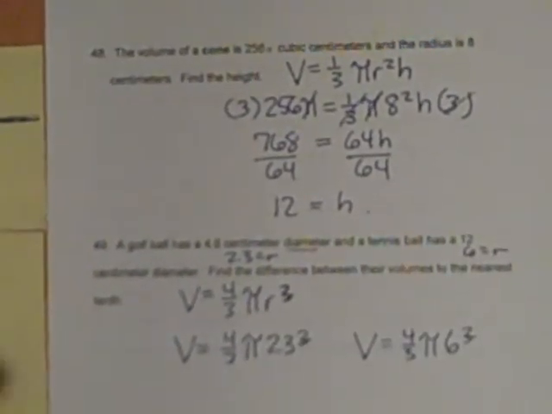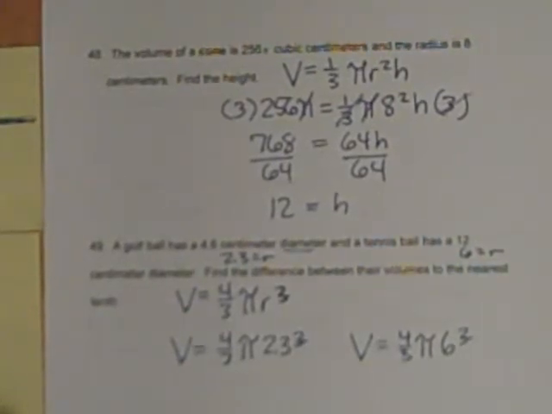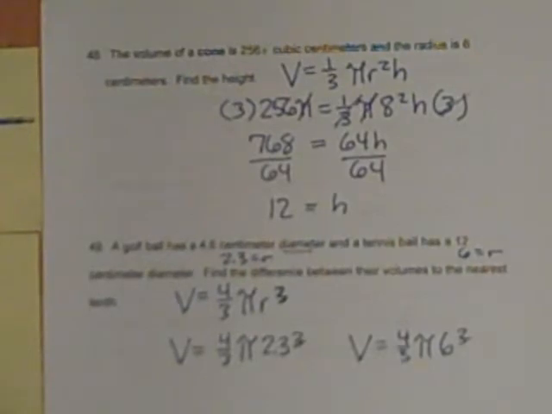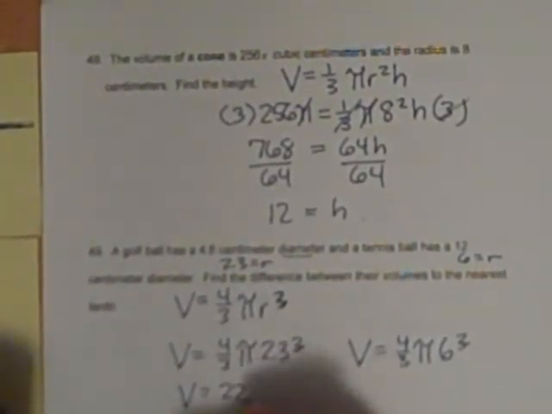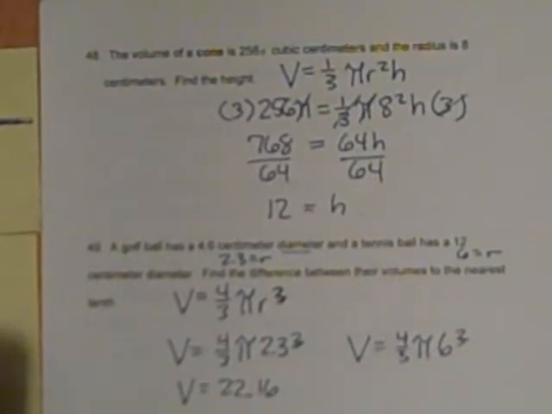Three-dimensional. Okay, so I like to put fractions in parentheses. 4/3 times pi times 2.3 cubed is 51.0. Let's leave that at 51.0 for now.